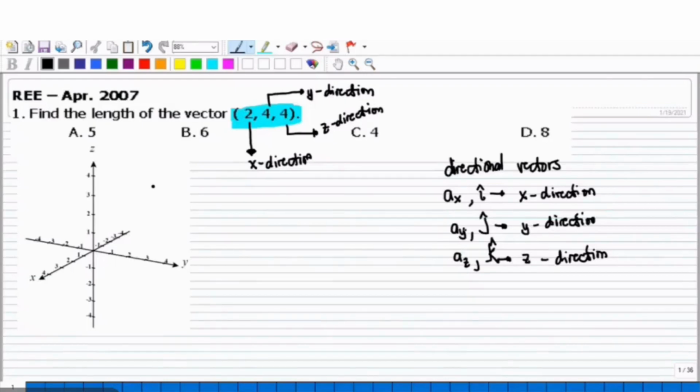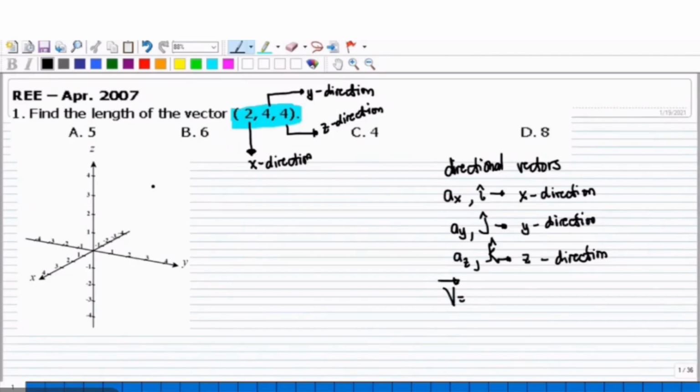Your aY will determine that the number beside this one is y direction po yun. And yung ating aZ, yung number po nakatabi ng aZ will determine that that number is in the z direction.